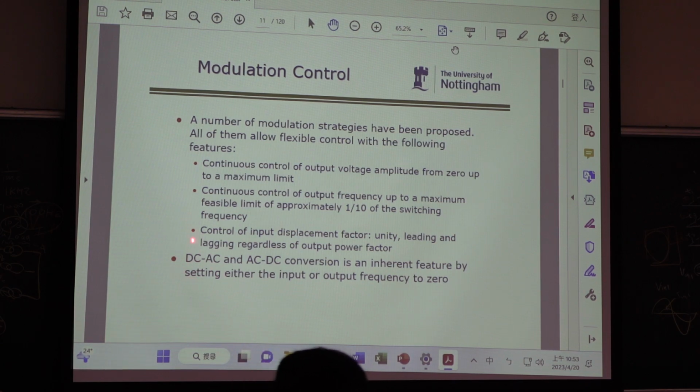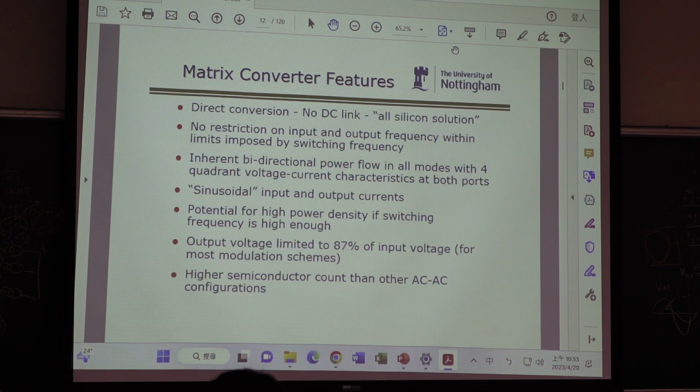If you design AC to DC and then DC to AC, then you need a huge capacitor. So in this one, we use AC to AC, we do not use any capacitor. So what is the future of the matrix converter? We do not need any DC link.